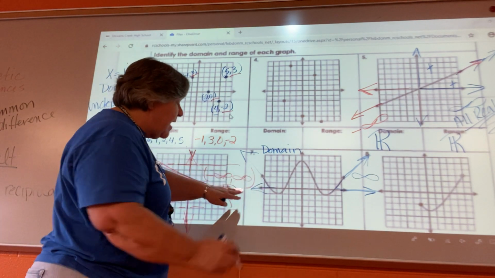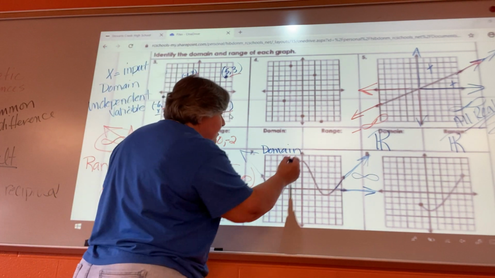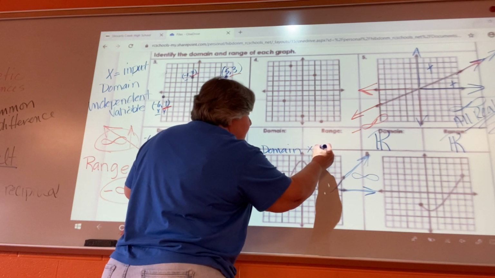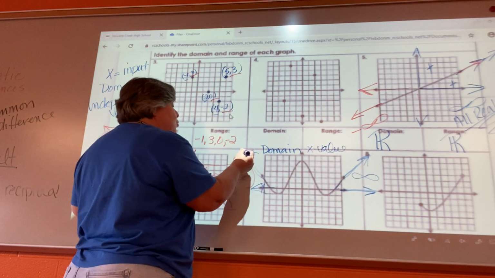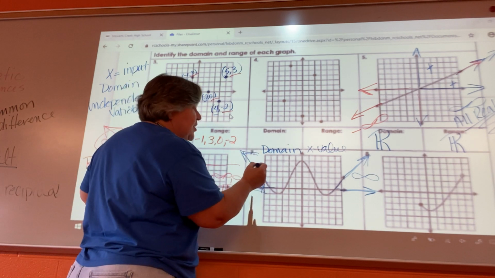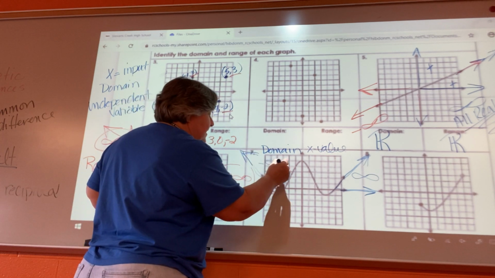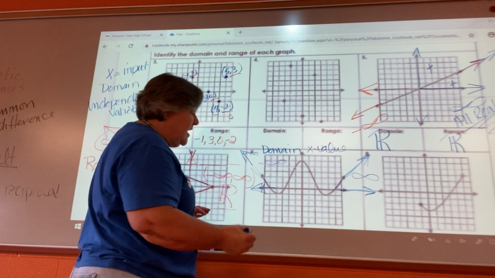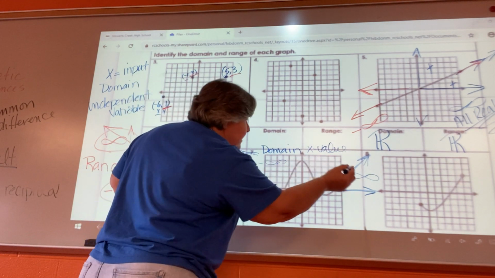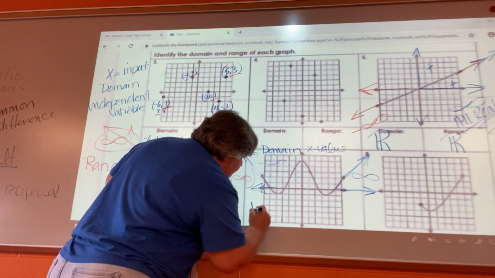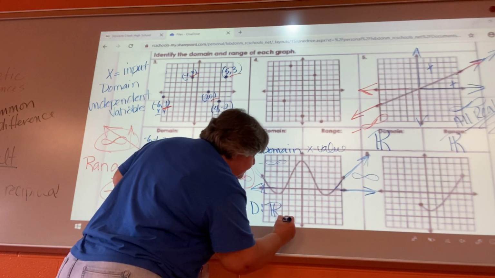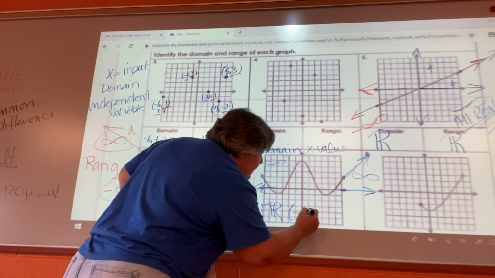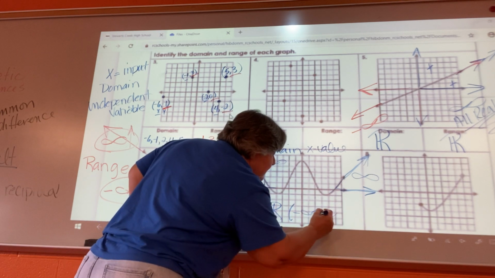And over here, I'm still doing just the X values, because that's what the domain is. And it's going this way, and that's to negative infinity. So my domain is negative infinity to positive infinity. So my domain is going to equal all real numbers. And it can also be written as negative infinity, positive infinity.